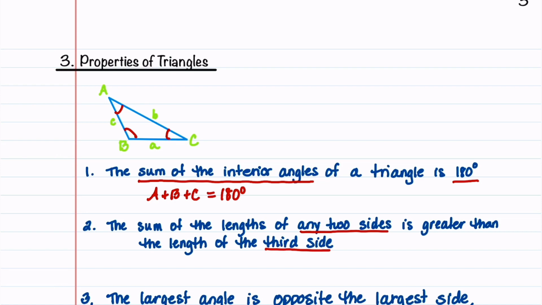What this means in our picture is that we could have side A plus side B greater than side C, or we could have side A plus side C greater than side B, or lastly, we could have side B plus side C be greater than side A.